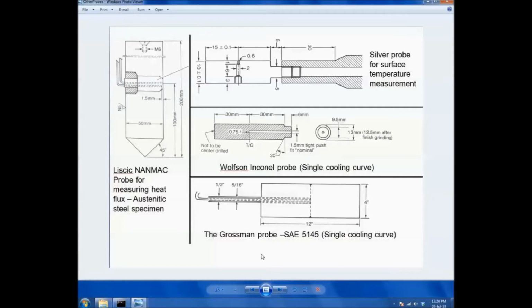There is also a Grossman probe with SAE 5145 as its material. These probes generate one cooling curve at the center of the specimen, and they are generally generated in a laboratory using a sample of the quenchant in static conditions.